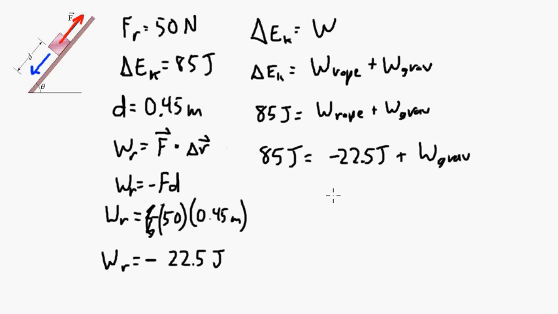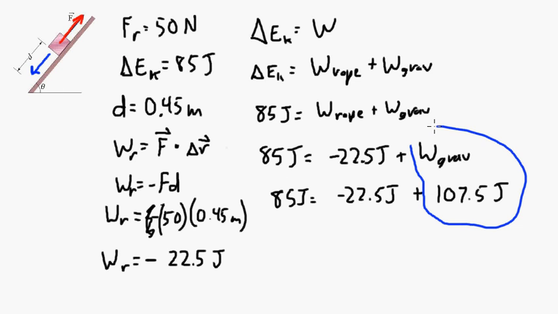The work done by gravity must have been 107.5 joules, right? To make the equation work. Okay, so this is the work done by gravity, circled in blue, and circled in red is the work done by the rope.